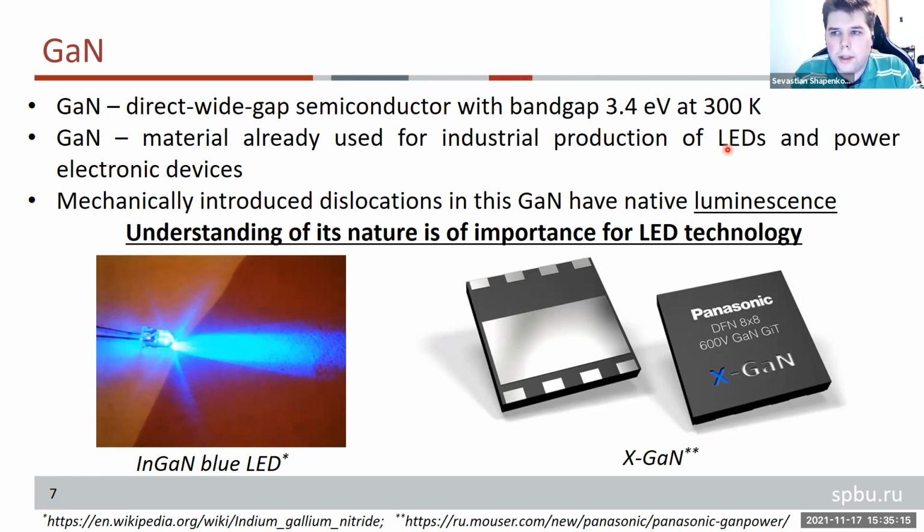From our perspective, studying this luminescence and its properties can be used for developing a new kind of LED technology and for understanding problems of existing ones, because these dislocations make a very peculiar object for the studies.